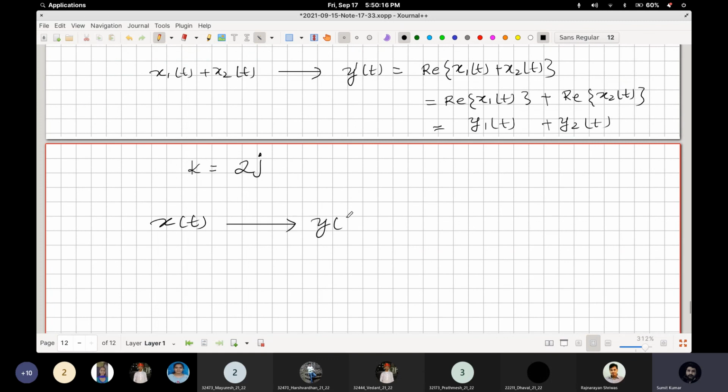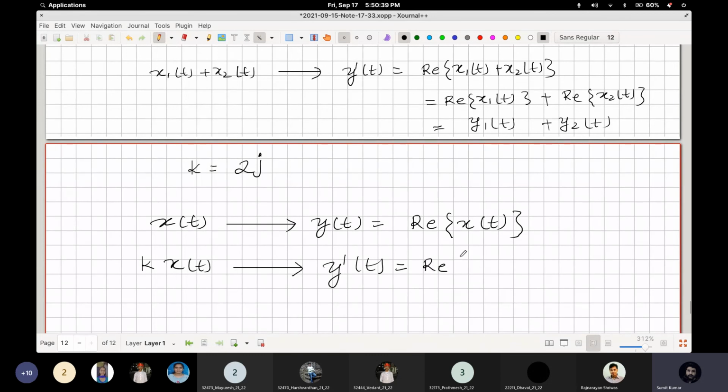Yt, and that is equal to the real part of xt. When you are multiplying this with k and giving kxt as input, what is going to be your output? Let's say that is y dash t.